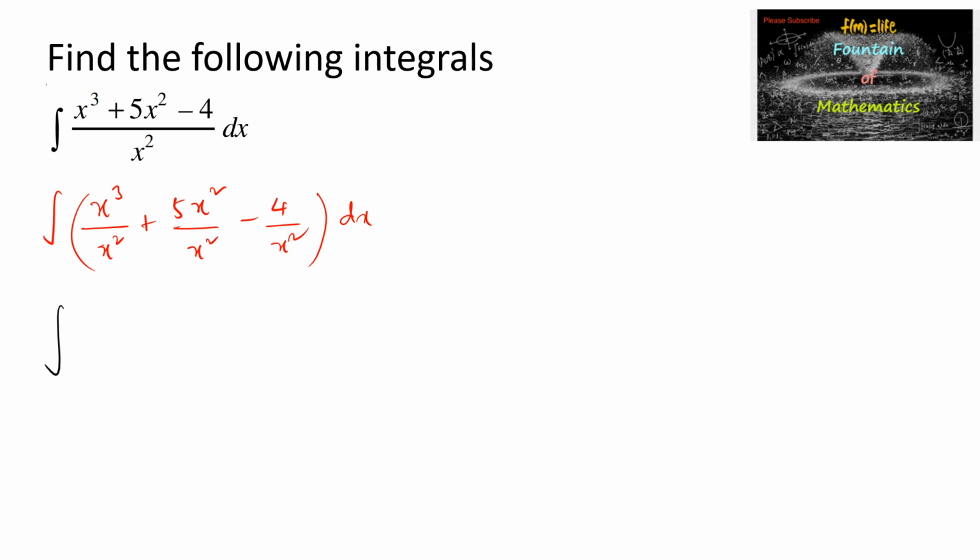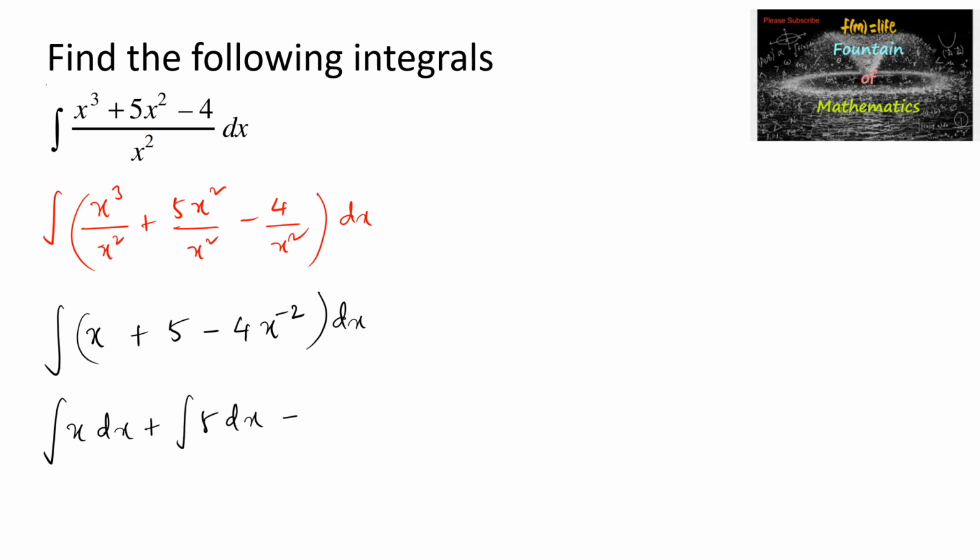We can write x^3 upon x^2 as x, 5x^2 upon x^2 as 5, and minus 4 times 1 upon x^2, which we can write as x to the power minus 2, the whole dx. So we can simplify it as the integral of x dx plus the integral of 5 dx minus the integral of 4x^(-2) dx.